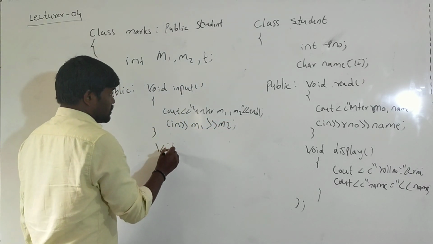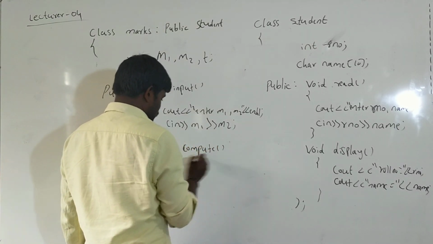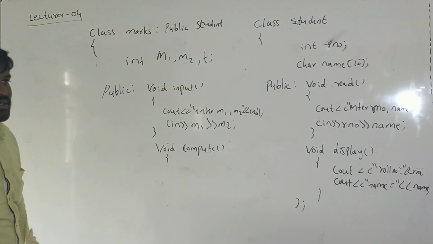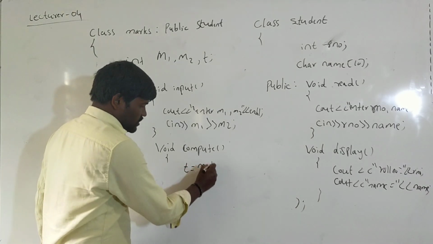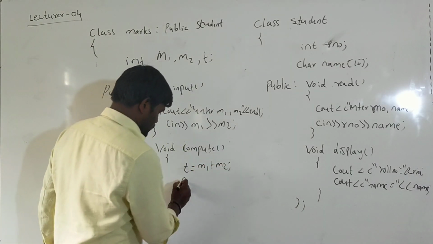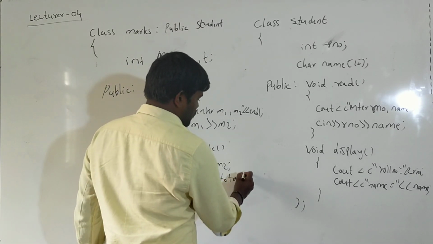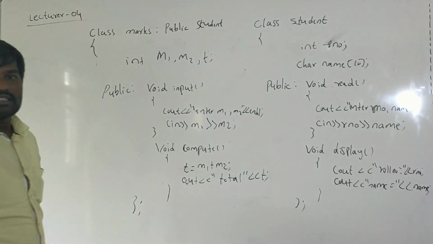Next void print, or you can take compute. Before printing the total value, first we need to calculate, that is t is equal to m1 plus m2. Next cout total is equal to t. So the derived class is complete also.